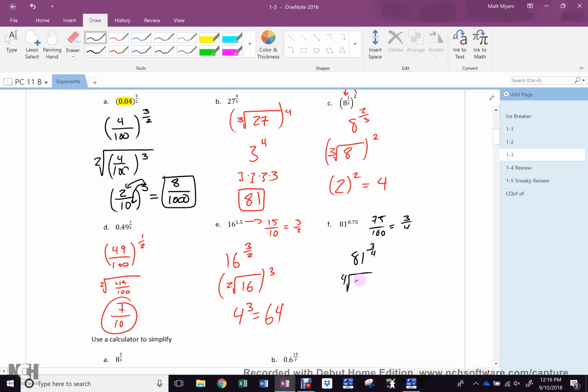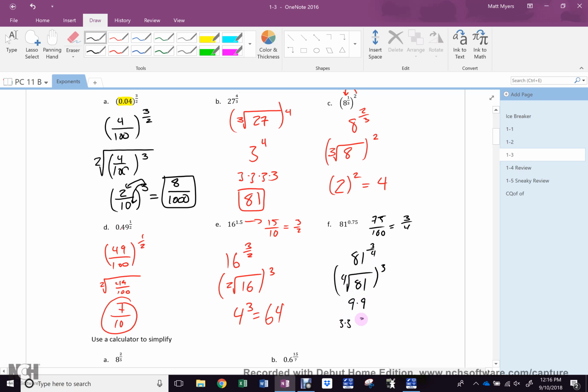Fourth root of 81 cubed. Now, this allows me to remind you how to find these without a calculator. We're going to do a whole bunch of work reminding you of this, but it'll just take a second to show you this one because it's super easy. 81 is 9 times 9, right? 9 is 3 times 3.